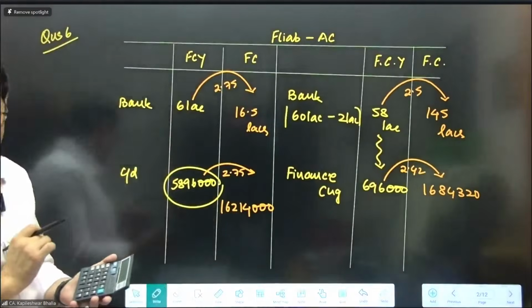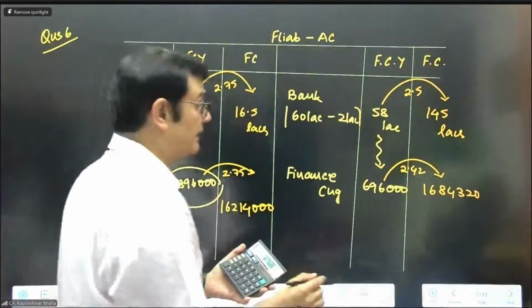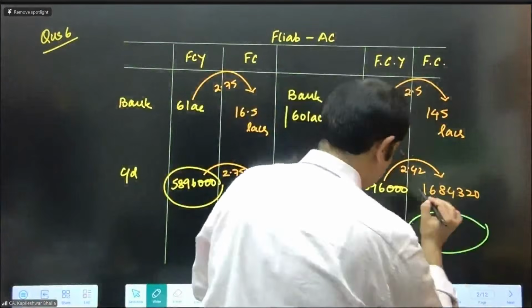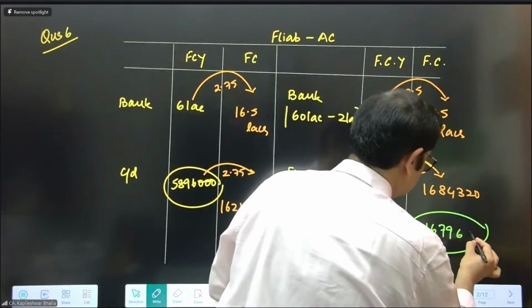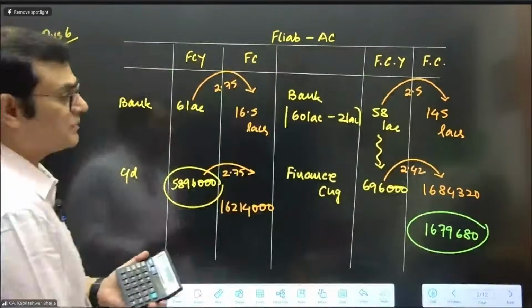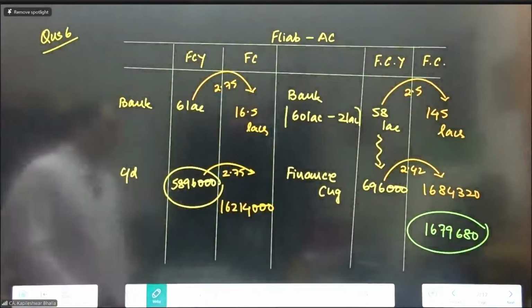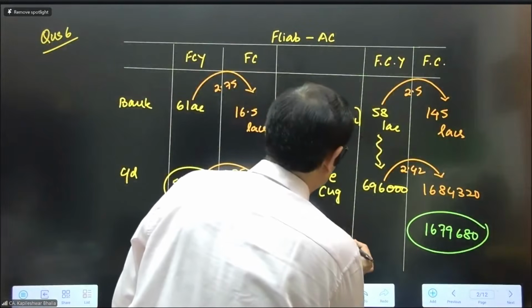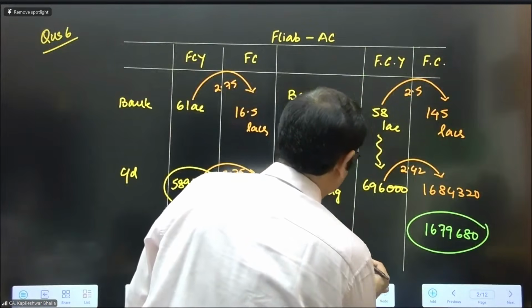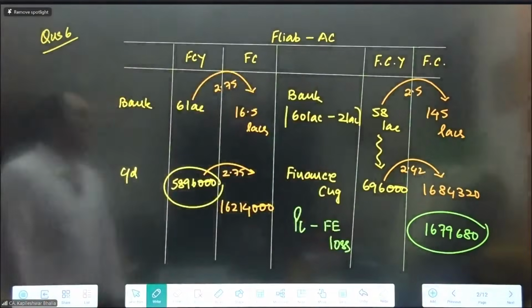I think we're getting a balancing figure on the credit side. That is 16,79,680. So this is the balancing figure in the ledger. That becomes a foreign exchange loss that will be taken in the profit and loss account. Restatement of the financial liability.